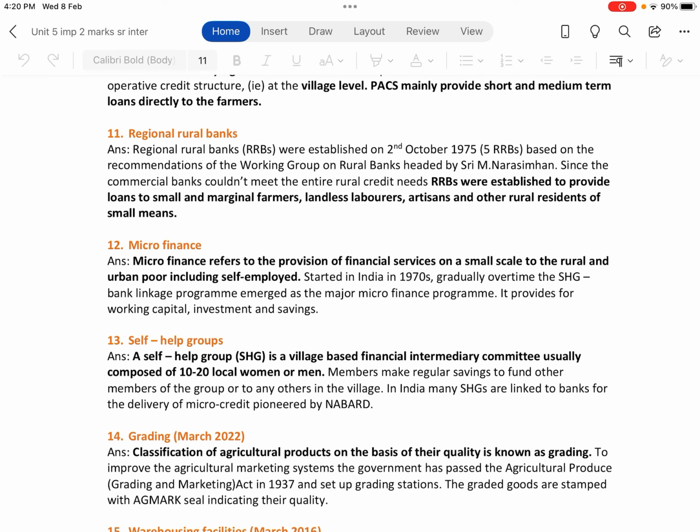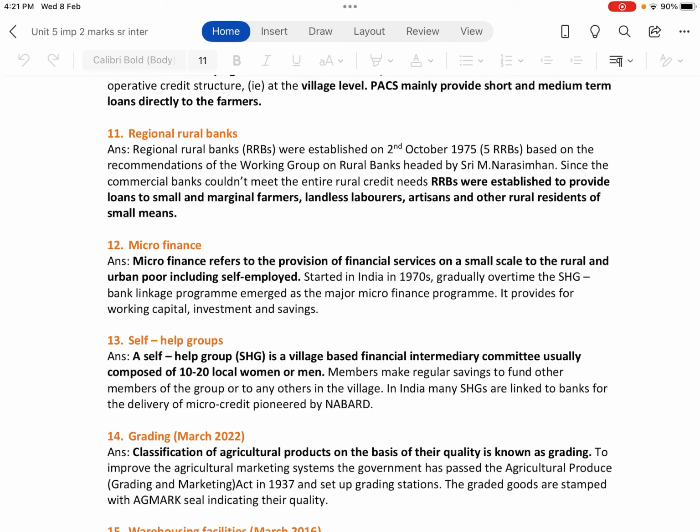Geographically, it was not possible for the commercial banks to establish their branches all over the country. So in order to compensate for that, RRBs were established. RRBs provide loans not only for agricultural purposes but for the entire rural area where they were established, so they are confined only to that particular rural area.